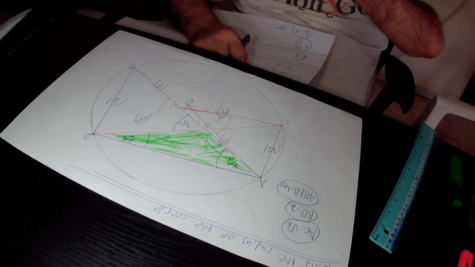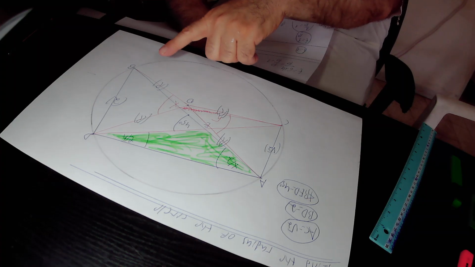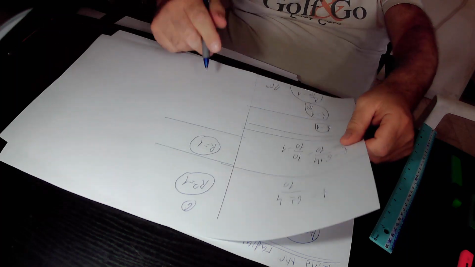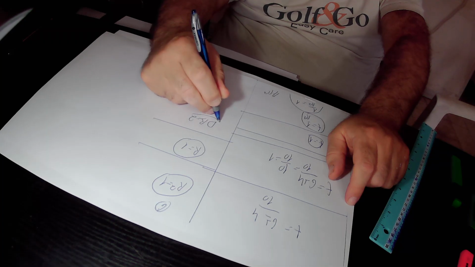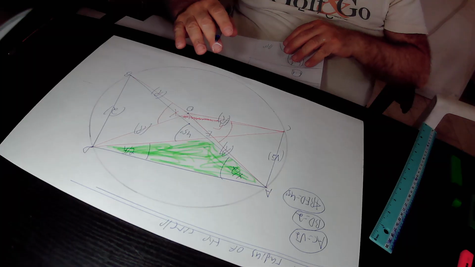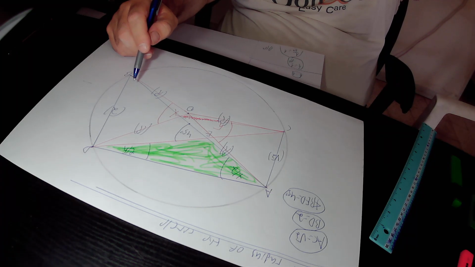I'll explain why. Because we know that chord DB equals 2 units in itself, according to what is given in the problem. So DB equals 2, and it is very clear from the drawing that chord DB is definitely not the diameter of the circle.